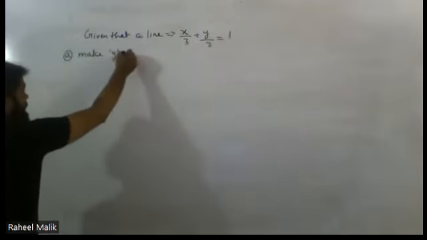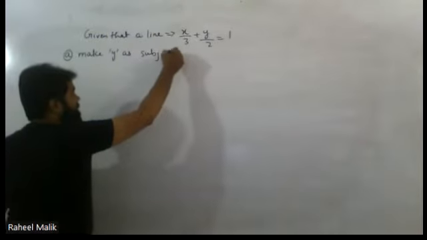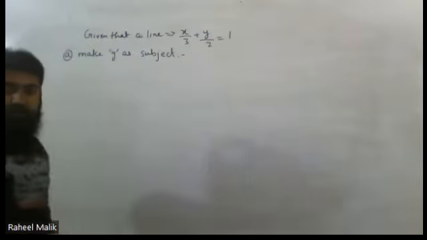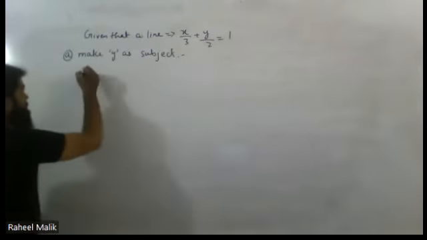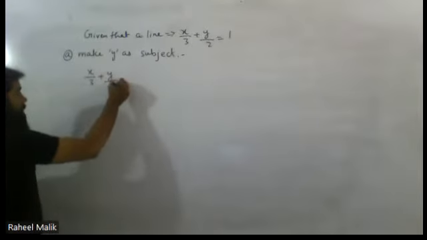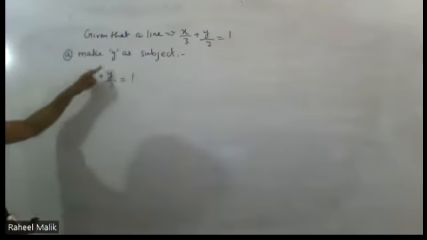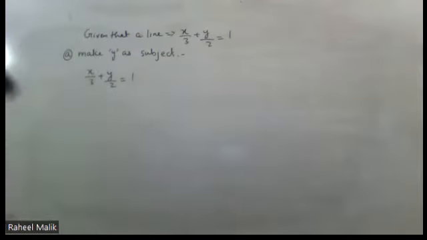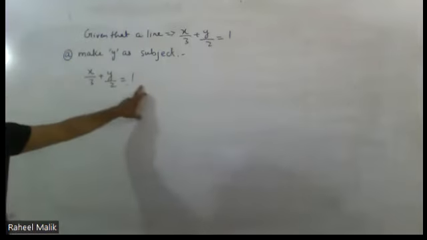Okay. Now, in part A, they are saying make y the subject. We have to make y the subject of the equation. So, what will I do? x over 3 plus y over 2 equals 1. Y is over here. So first of all, I will take every other term which is not y to the other side.